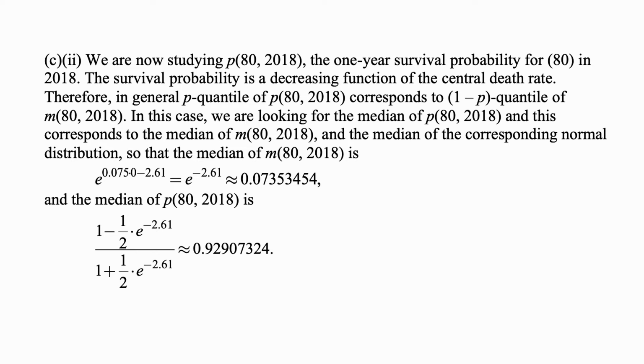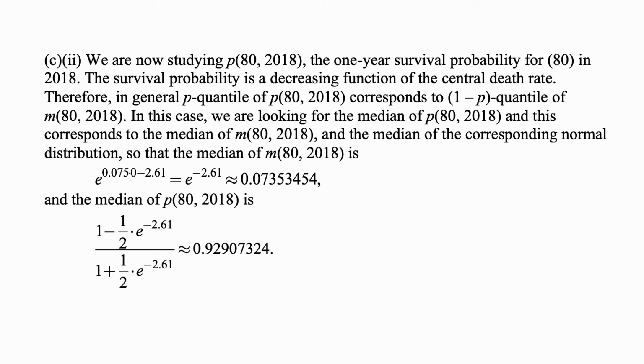of P of 80 2018, and this corresponds to 1 minus 0.5, so 0.5, so the median of M of 80 2018, and the median of the corresponding normal distribution. Well, what's the median of a standard normal distribution? 0.